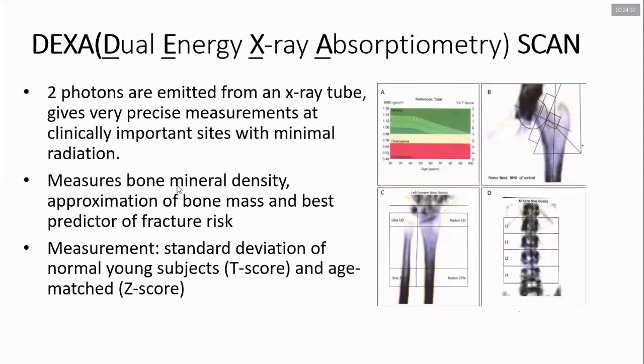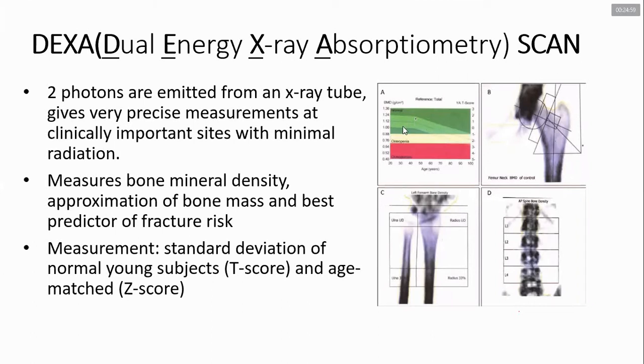So it measures the bone mineral density. There is this statistical term, T score and Z score. As you scan, it gives a value, and you plot that value on this graph chart. It's kind of like the road to health chart that you see in protein energy malnutrition.